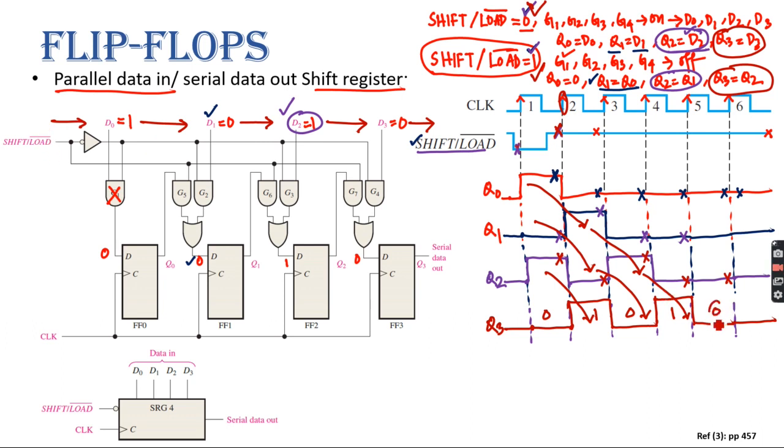So as you can see, the first bit was 0, which is this one. Then this one is this one, right? Which is shifted. And then this 0 is here. And finally this one is here. You got my point, right?